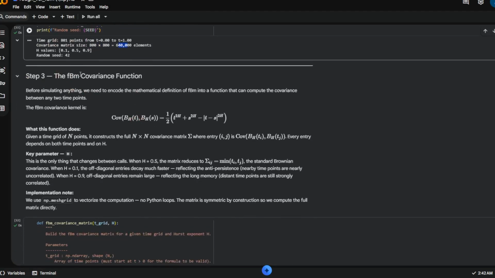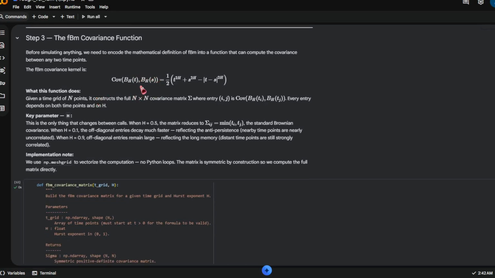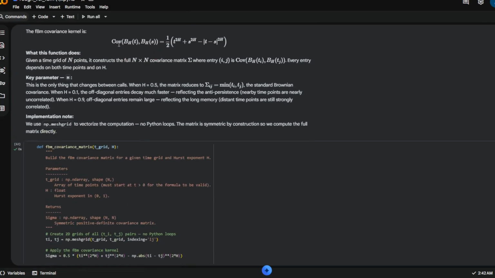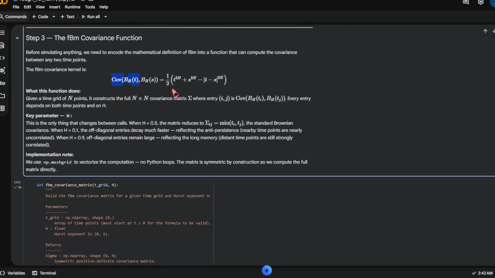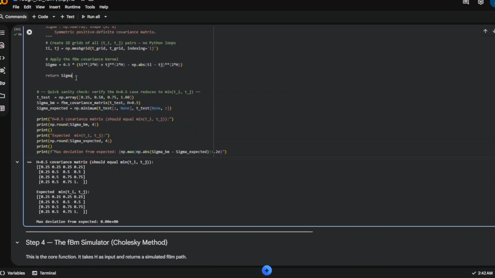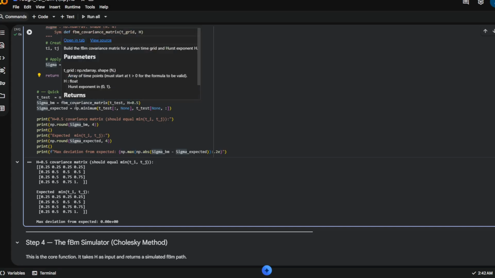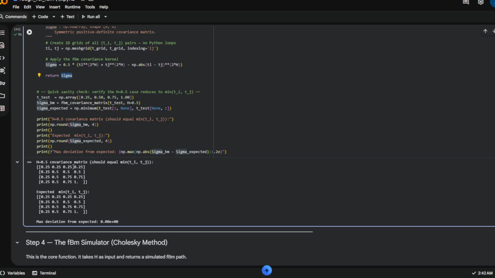And then this is the covariance function for the fBm. We will do this in this function, and then we return this sigma, and then we will have a sanity check where we will verify that for H equal to 0.5 it reduces to the minimum of t_i and t_j.